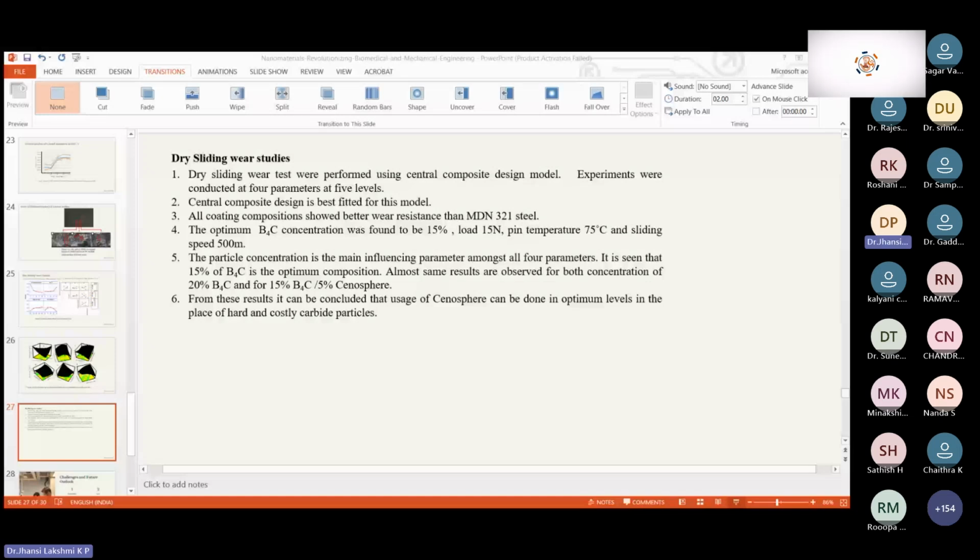The same studies were done using microparticles as hard reinforcement. Like micro chromium carbide was used, but the erosive resistance was improved, though not as much as in these studies.